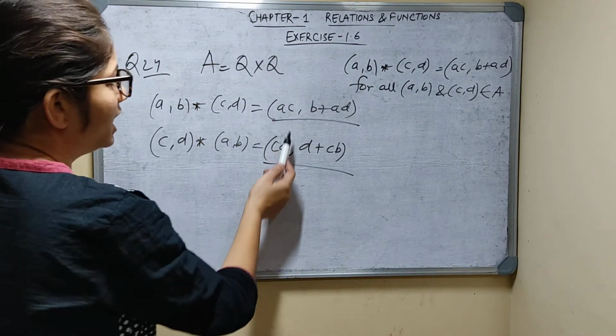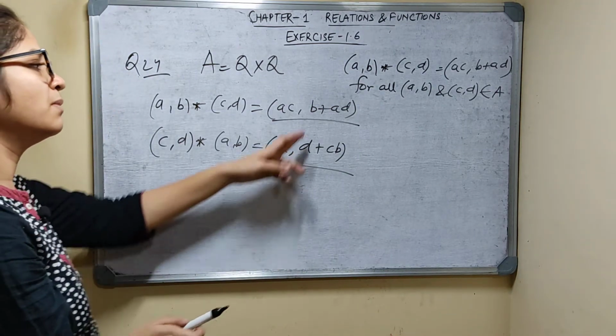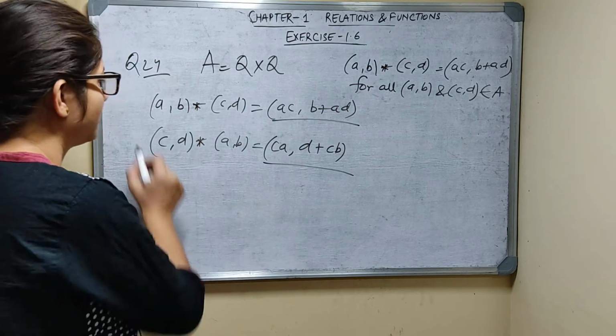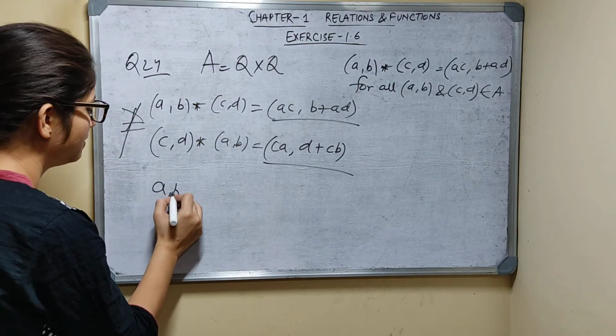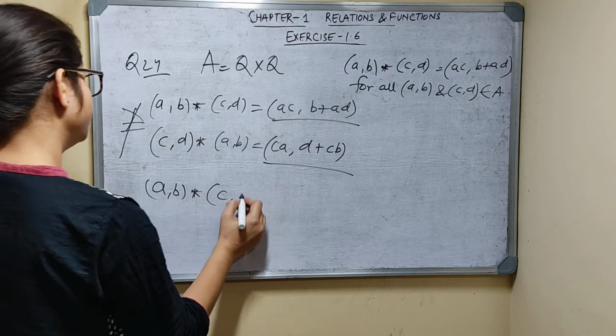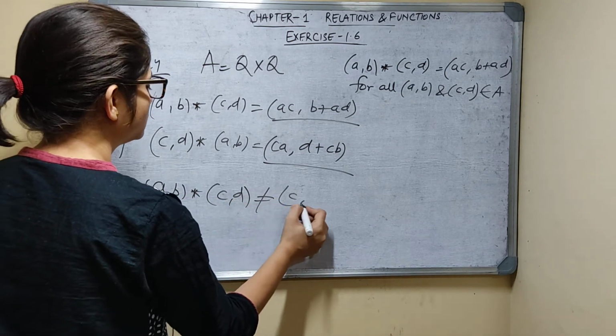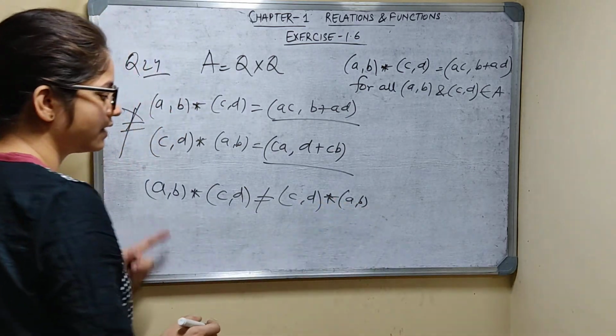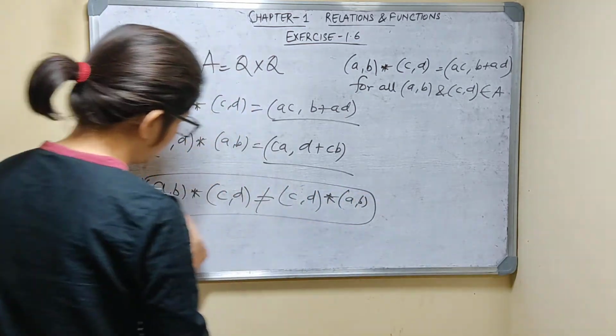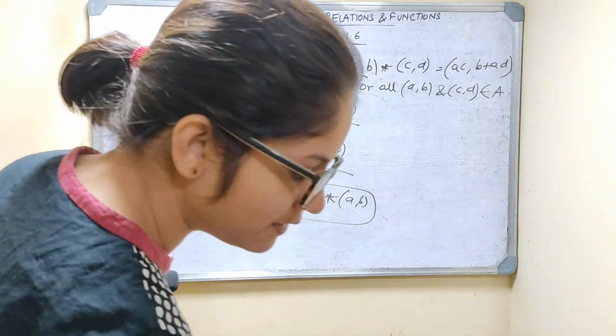You can see ac is the same here, but here it is b plus ad, and here it is d plus cb. So both are not equal. So I can say (a, b) star (c, d) is not equal to (c, d) star (a, b). So it is non-commutative, but it is associative.